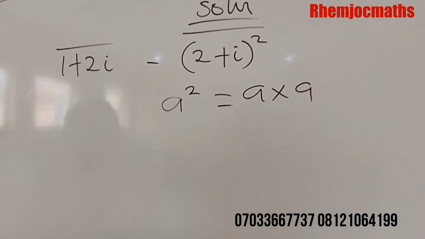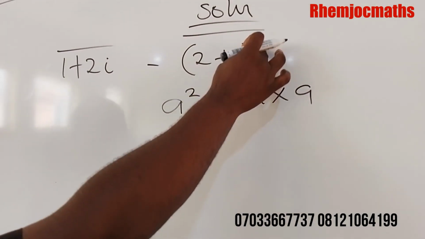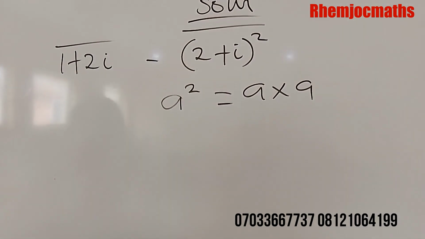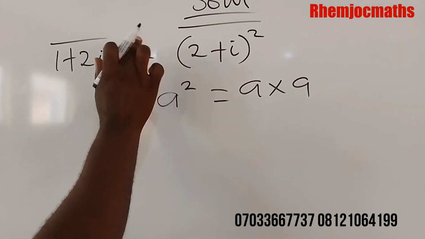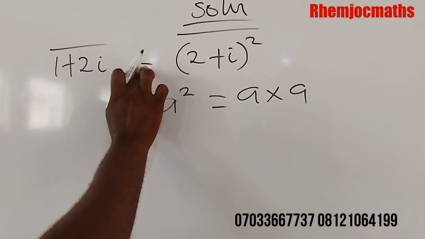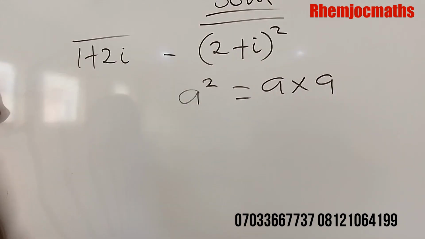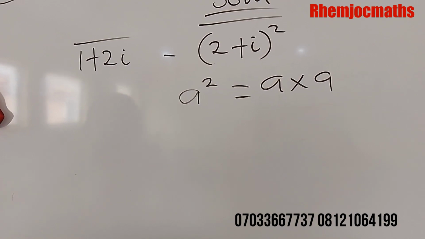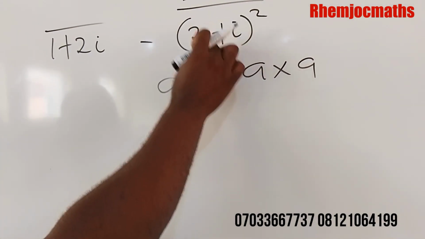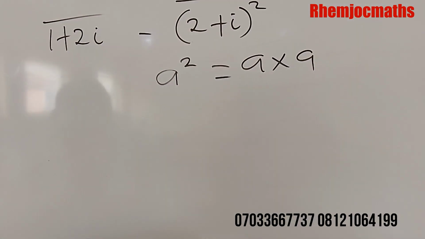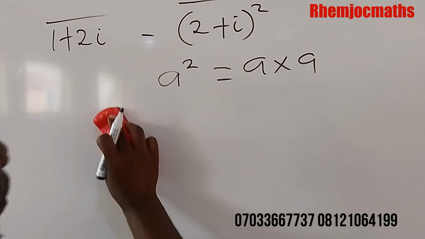Why? Because of this square. Mind you, please don't be worried about this minus sign. Please take note. It means we are going to expand this bracket first. Is that clear? So let us expand it first.